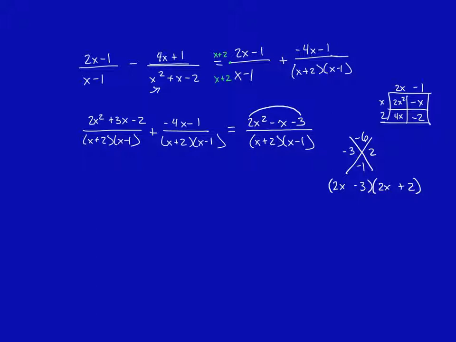So there's nothing that I can divide out of 2x and negative 3, so I'm going to go ahead and write that as 2x minus 3. But 2x and 2, I can divide that by 2, and that becomes x plus 1. And then we got x plus 2 and x minus 1.